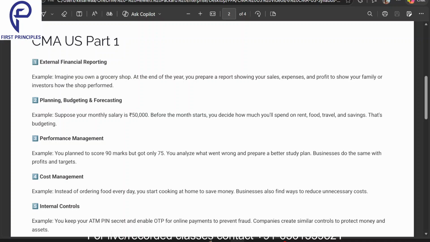Coming to section C, the third section, which is about performance management. Suppose in a particular month you forecasted that you will make a profit of 1,000 bucks, but instead you made a profit of just 500 rupees.